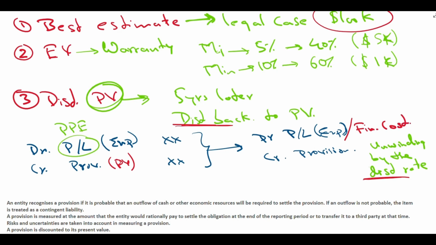So PPE initially and subsequently finance cost in case when it is directly attributable to a plant, property, plant or equipment. So this is how we measure initially and we do subsequent recognition.